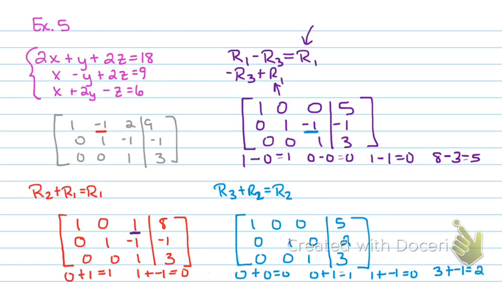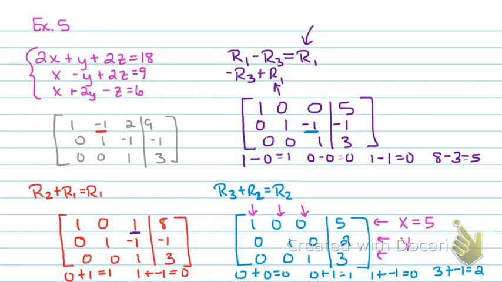So now with what we've got there, we can see that we've got one x here, we have a y in this column, and we've got our z in this column. And if you look this direction, those are the same numbers we just found in the previous example. So this one tells me that x, because there's no y and no z, is equal to 5.